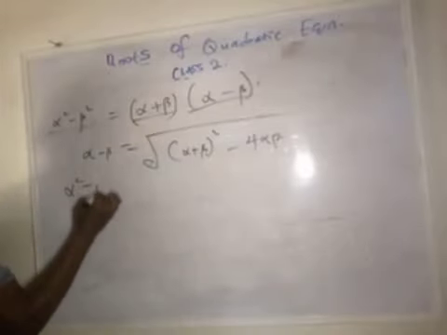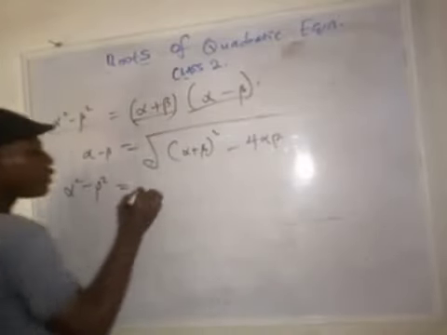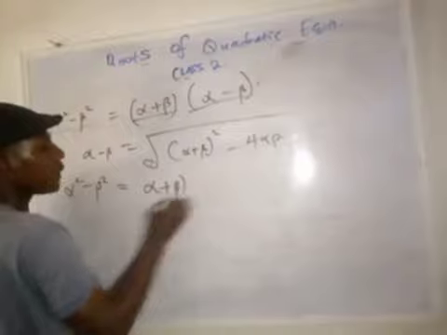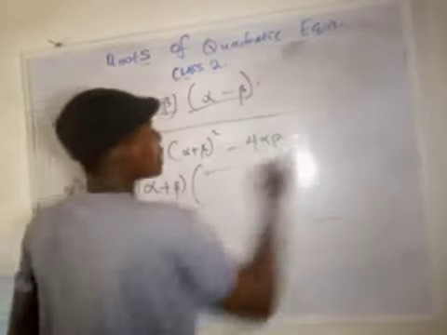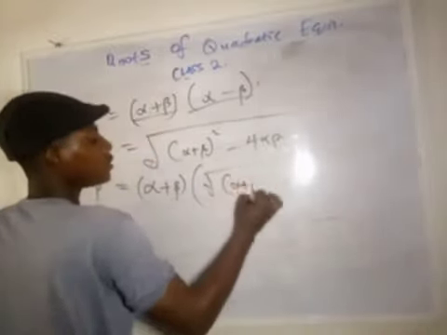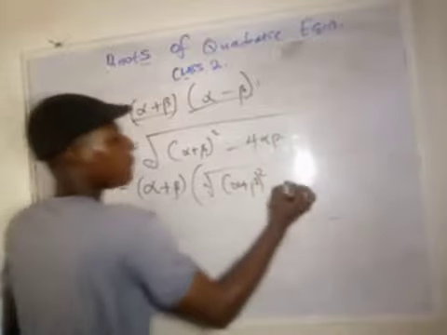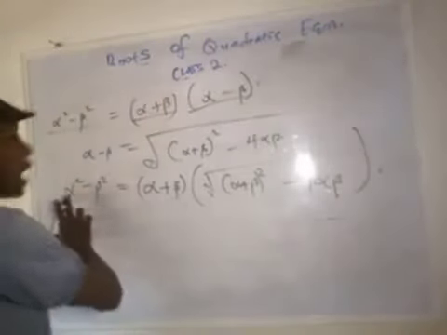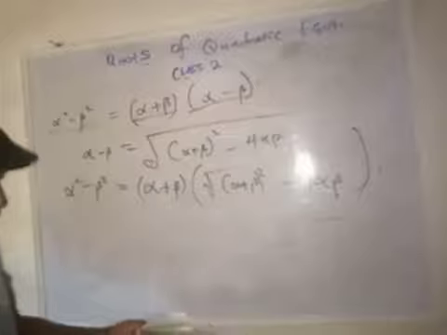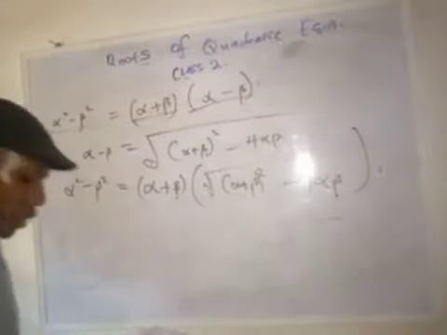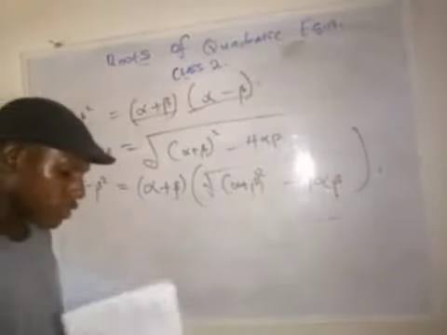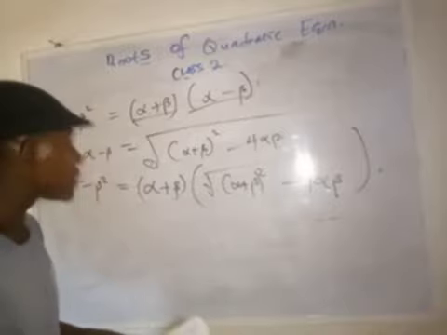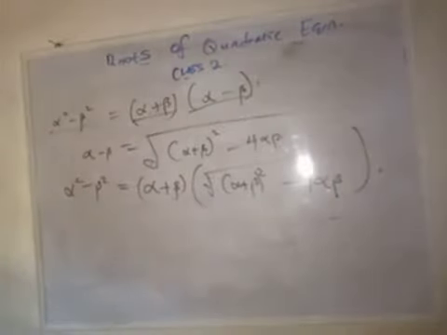And therefore, my alpha squared minus beta squared will now be equivalent to alpha plus beta into the bracket of the square root of (alpha plus beta) squared minus 4 alpha beta. And this will be the expression for alpha squared minus beta squared. Let's look at another one.